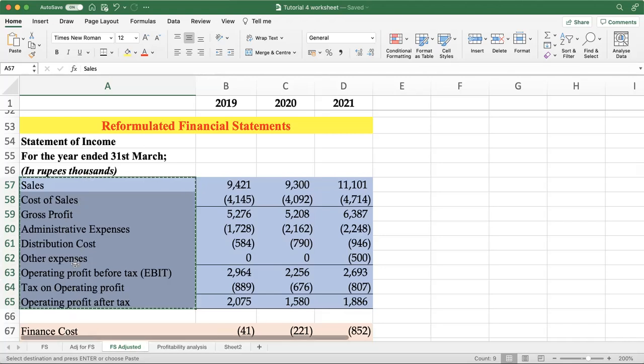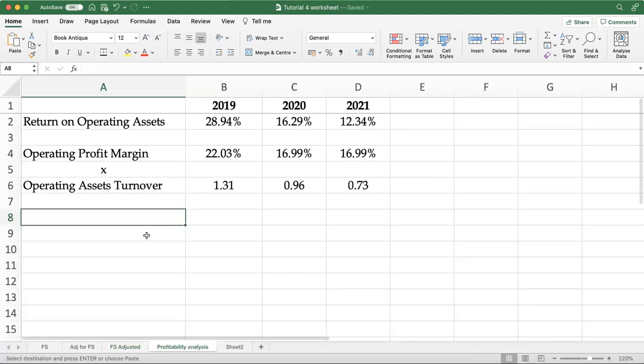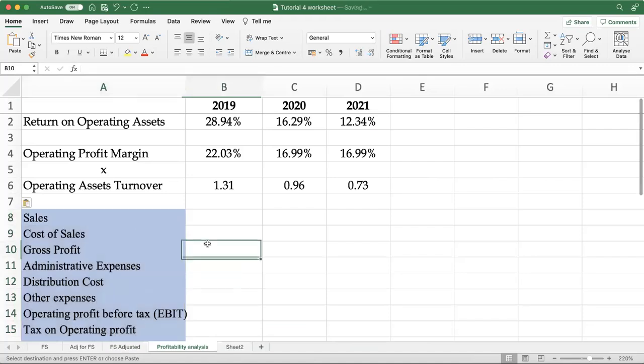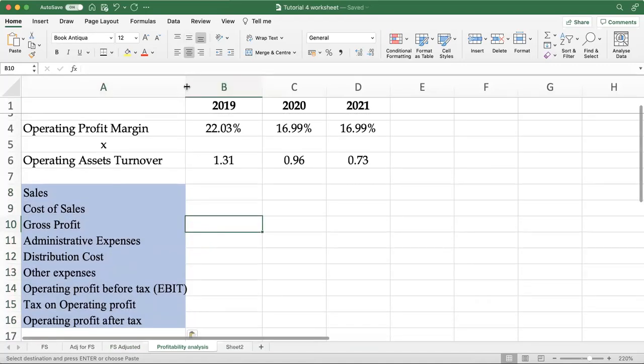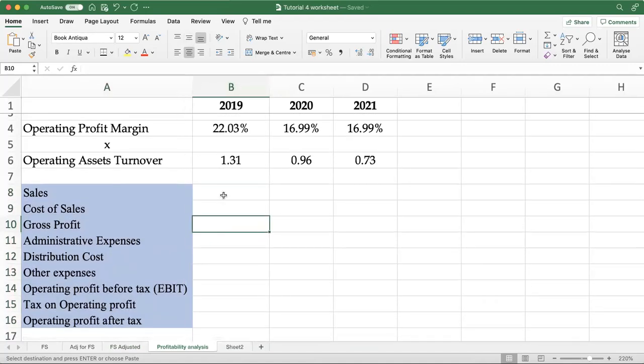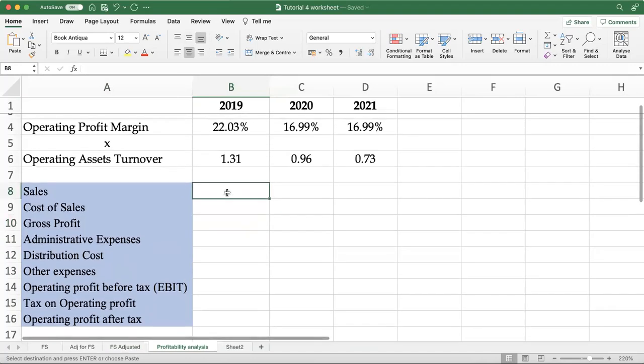You can copy and paste them here. Now you do a common size analysis for these items, as we studied.